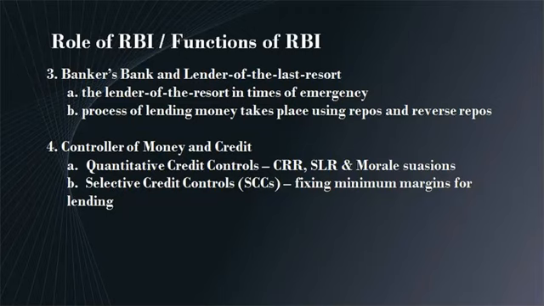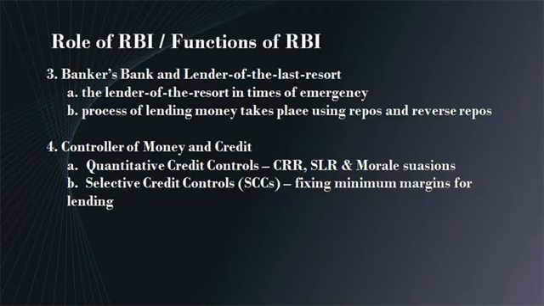RBI is the last place banks will approach in order to get money. That's why RBI is called the lender of last resort. Finally they will go to RBI and withdraw money, and RBI is also acting as a banker to the banks. It is acting as a bank for the Federal Bank. So it is also called the banker's bank or lender of last resort. This was about the third one.